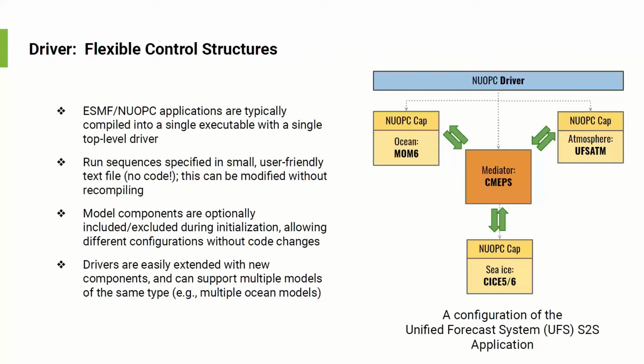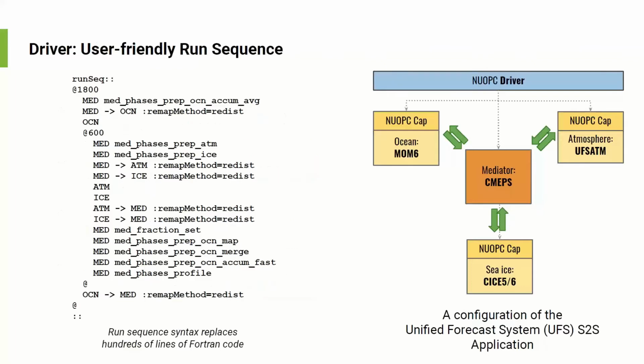So the diagram on the right is an example system. This is with NOAA's Unified Forecast System. This is a subseasonal to seasonal configuration of that particular application. So this is an example of the run sequence syntax that I mentioned. You'll see in this case it supports nested loops, and you have a time step indicator.